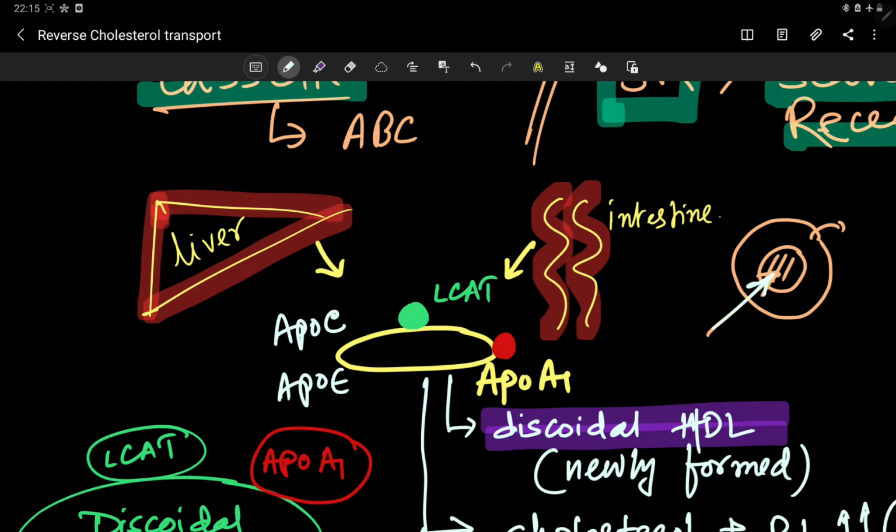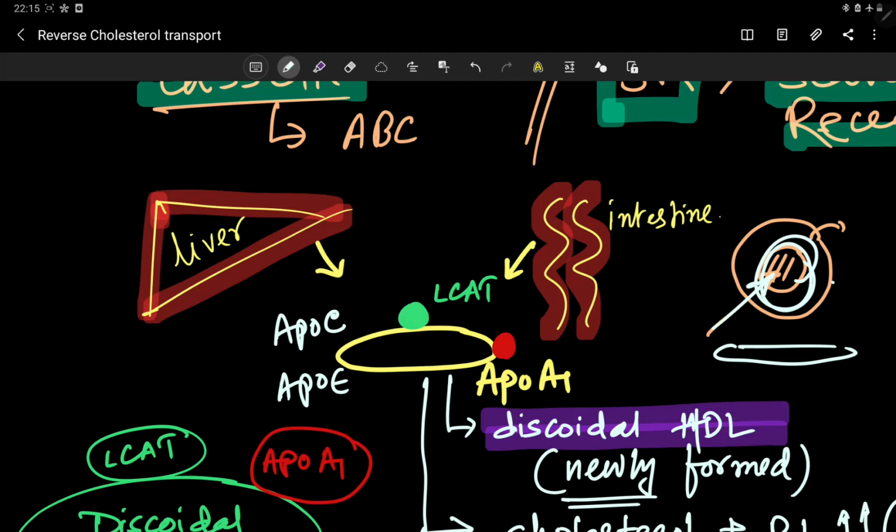So that's why this is flat, disc like, but the periphery has the polar amphipathic hydrophilic substances. So the core is empty, or very little hydrophobic substance is present in the core. That's why your newly formed HDL is disc shaped.